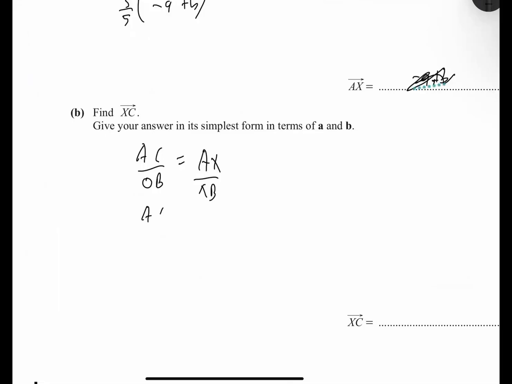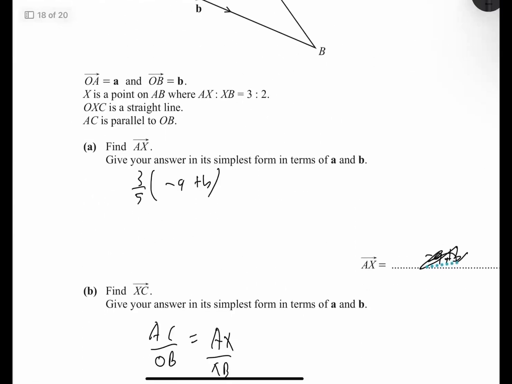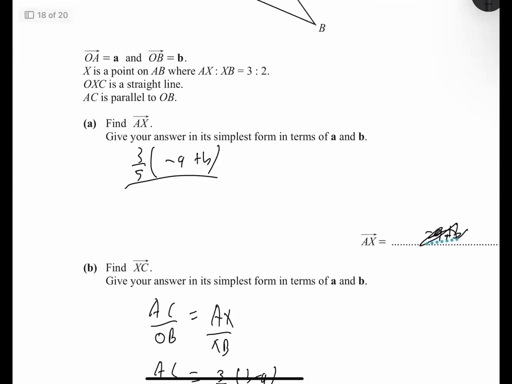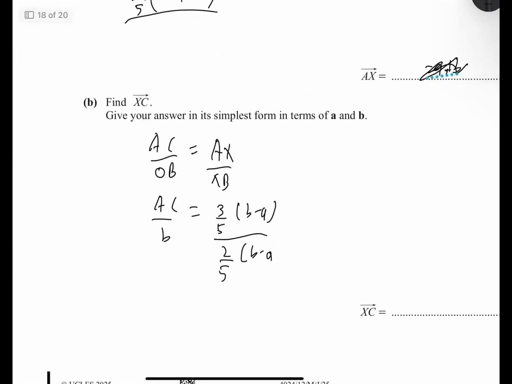So AC over B is equal to 3 by 5 (B minus A) over 2 by 5 (B minus A). So AX we've already calculated, which is 3 by 5 of minus A plus B. I just switched around the variables, so it's easier to look at.